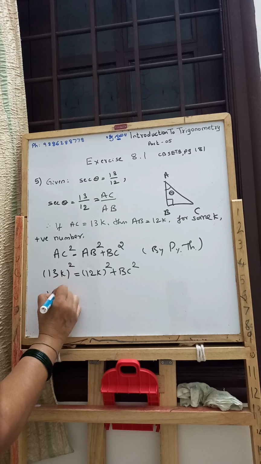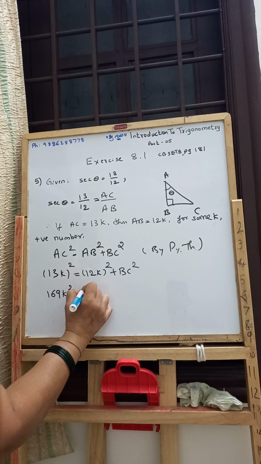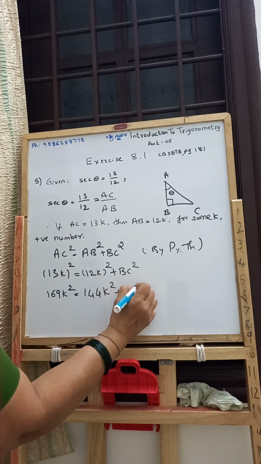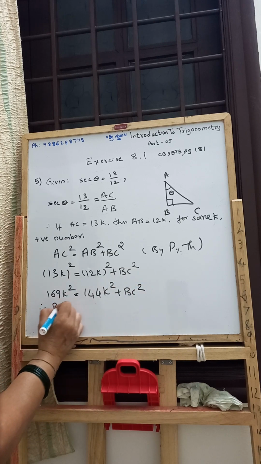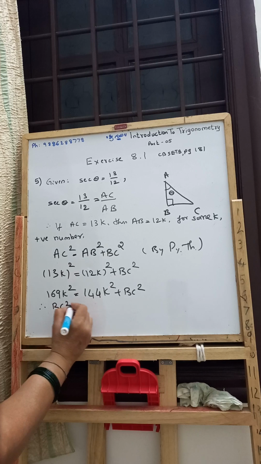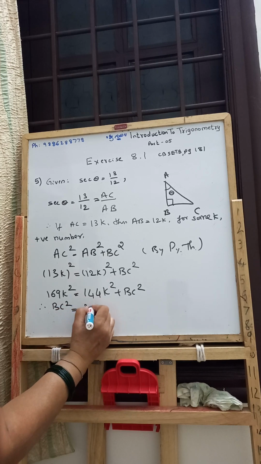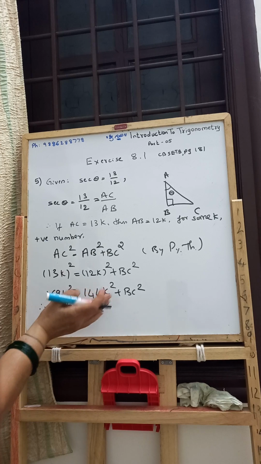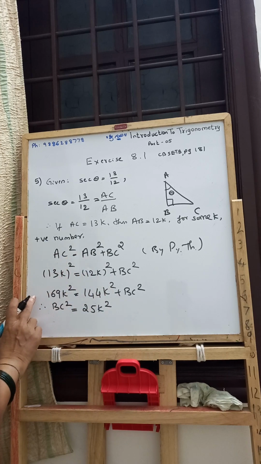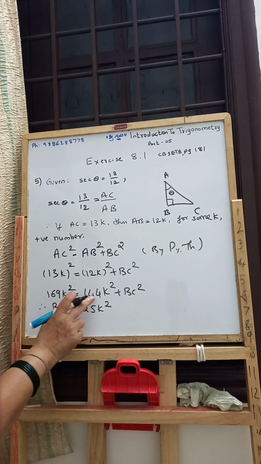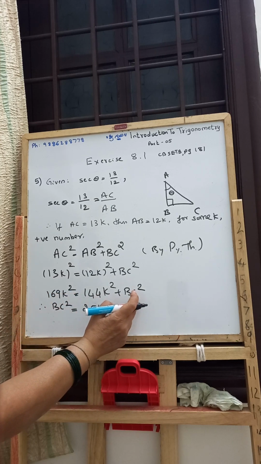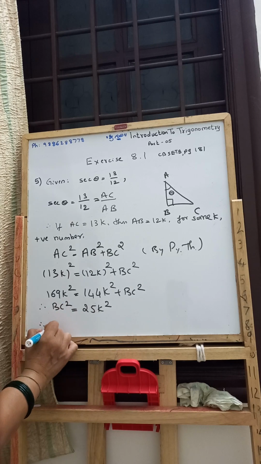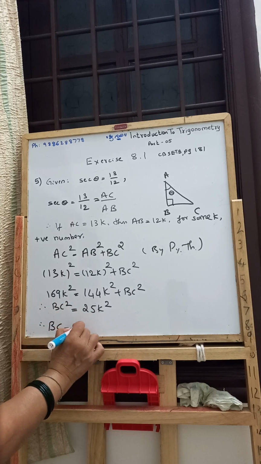It is 169K square is equal to 144K square plus BC square. Therefore, BC square is equal to 169K square minus 144K square, where we get BC square is equal to 25K square. Therefore, BC is equal to 5K.